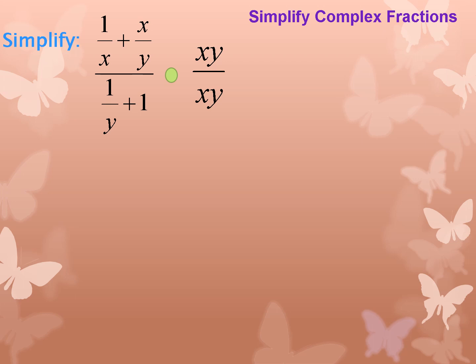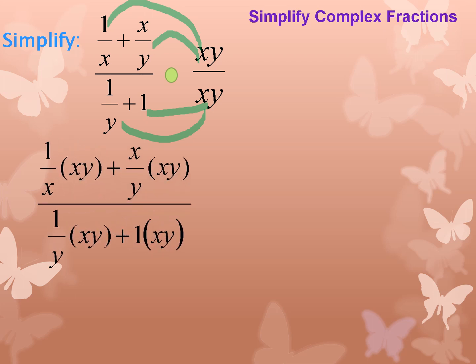When we multiply by the LCD over the LCD, that's called clearing the fractions. So I am going to multiply xy by each term: this one, this one, and then down here by that one and that one. Basically, we're going to distribute xy to each part of the numerator and each part of the denominator. So let's look at what that looks like.